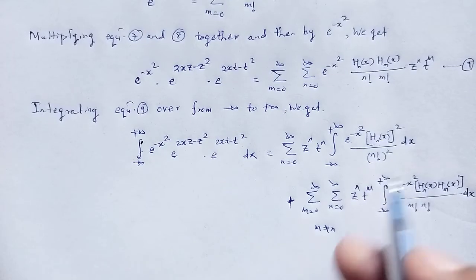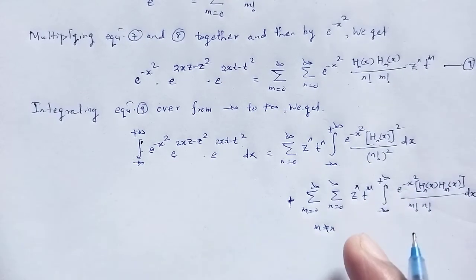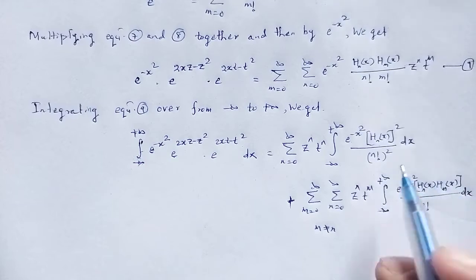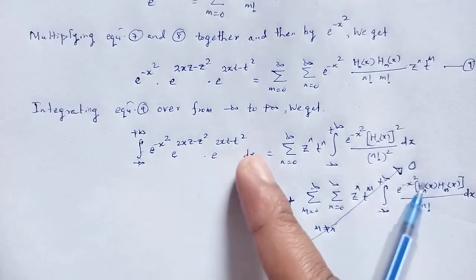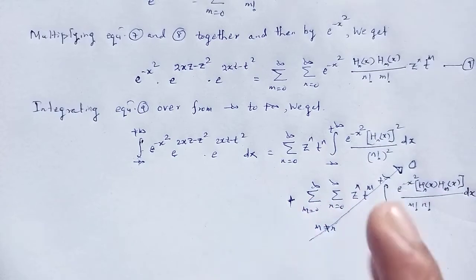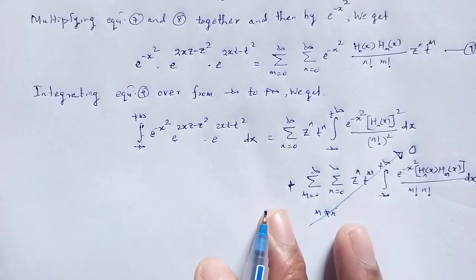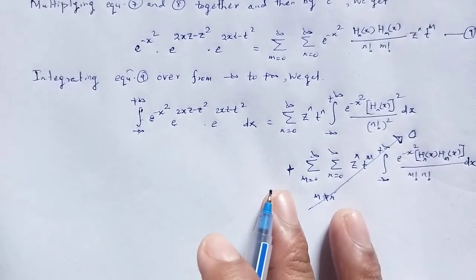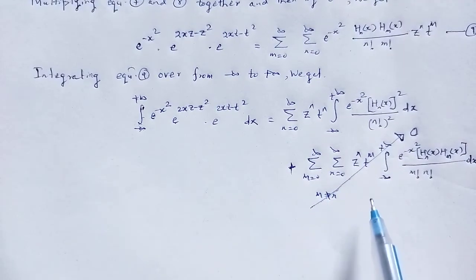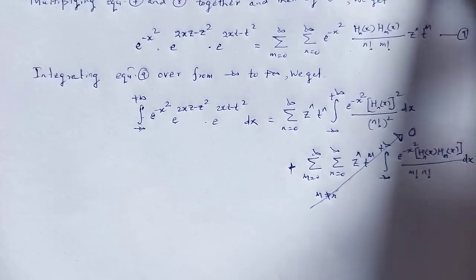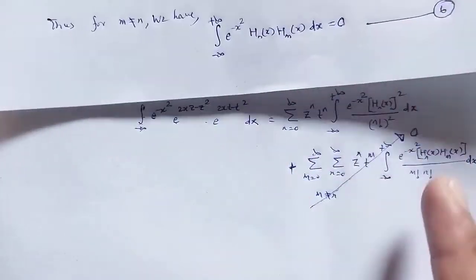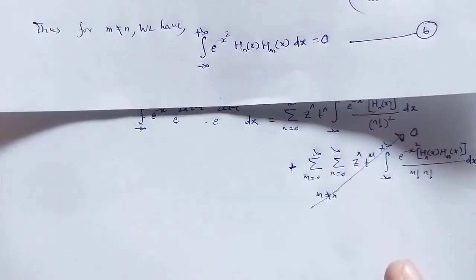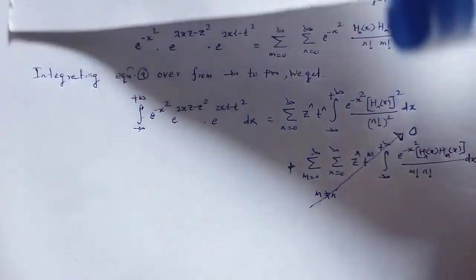Look here, when m is not equal to n, that integral term becomes 0, only the first term exists. We achieve this from equation number 6, that integral will be 0 when m is not equal to n.